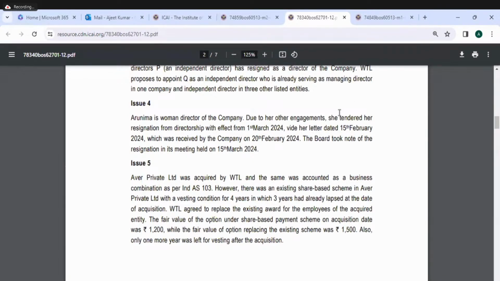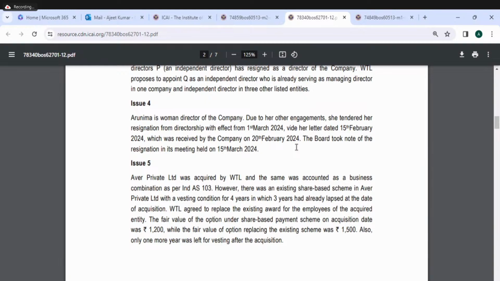Is it even necessary to appoint a woman director in the company? Okay, we need to look for this. Was there a need in this company that a woman director should be there? Since it's a listed company, do I need to see the Companies Act, or do I need to see the SEBI regulations?